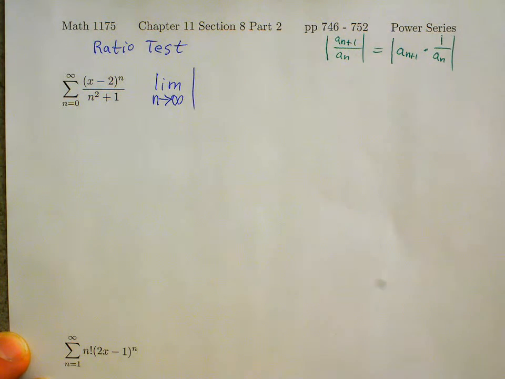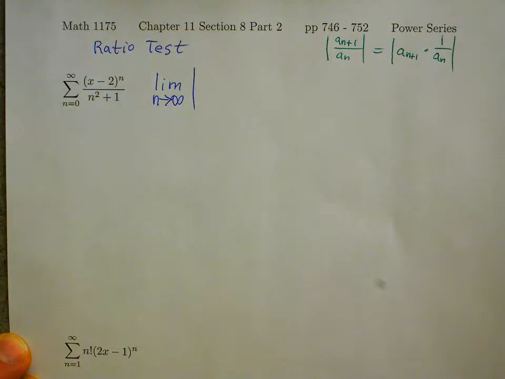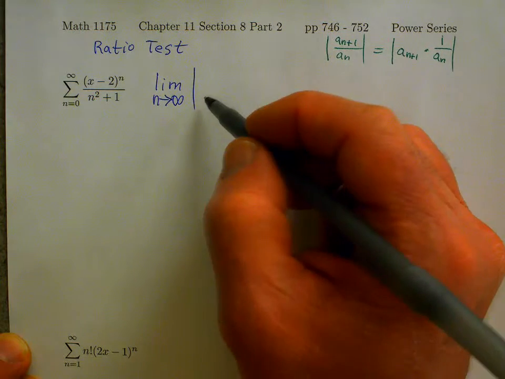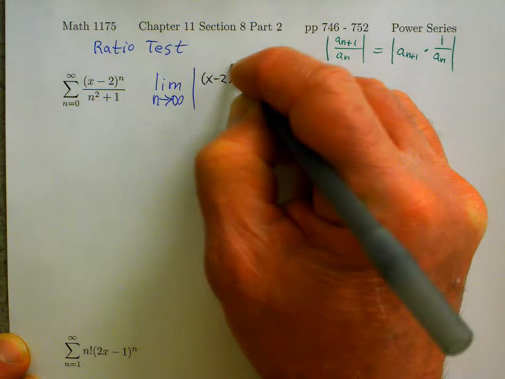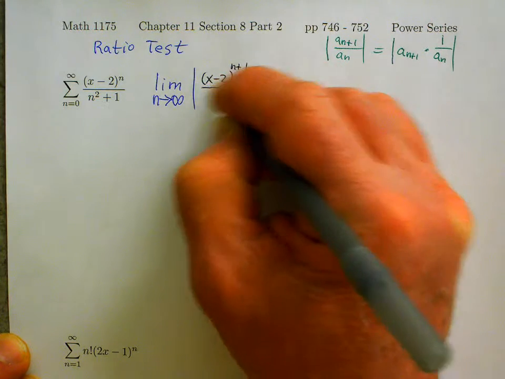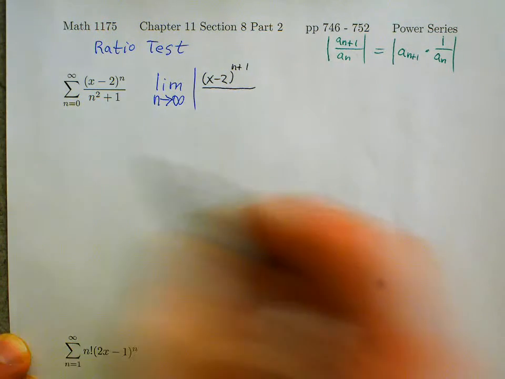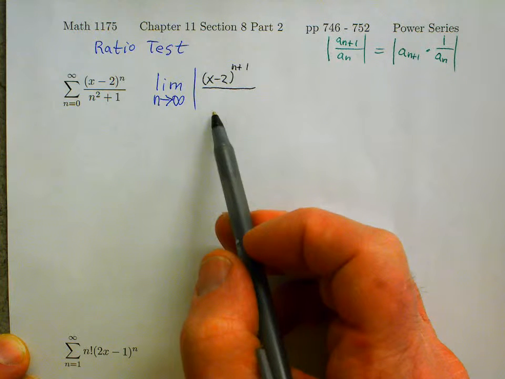So those are obviously the same. Okay, so the n plus first term is x minus 2 to the n plus 1 over, so what should I write in the denominator?